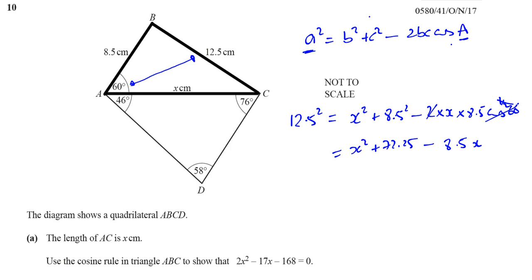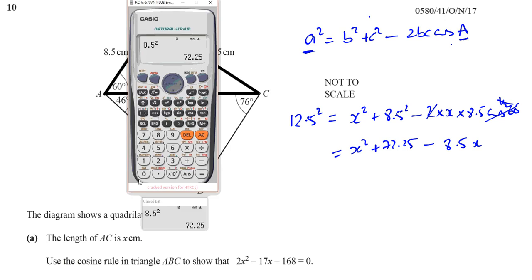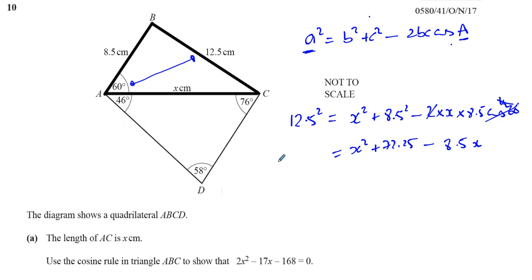Let's find what 12.5 squared is, which gives you 156.25. Now we have to just solve this equation.